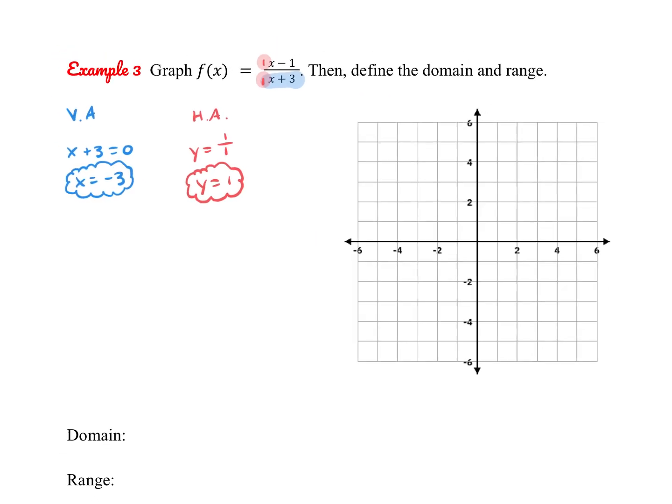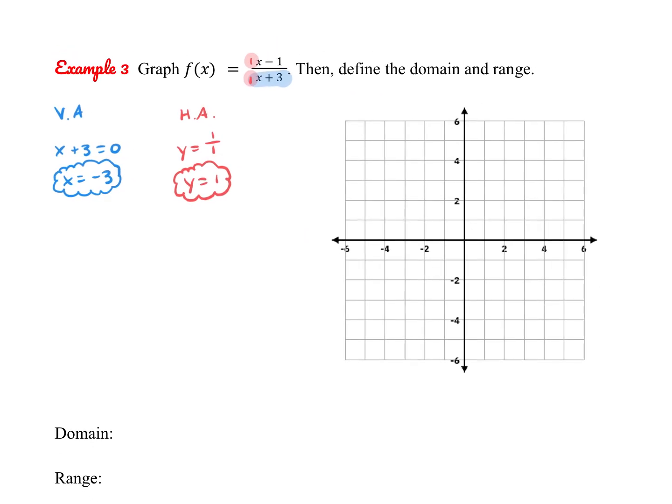All right, I'm going to sketch those really quick. So x equals negative 3. Y equals 1. Make sure you're always using dotted lines for this. And then let's find a couple additional points. So let's plug in maybe negative 2. So we have negative 2 minus 1 over negative 2 plus 3, which gives me negative 3 over 1. So I have the coordinate negative 2, negative 3.